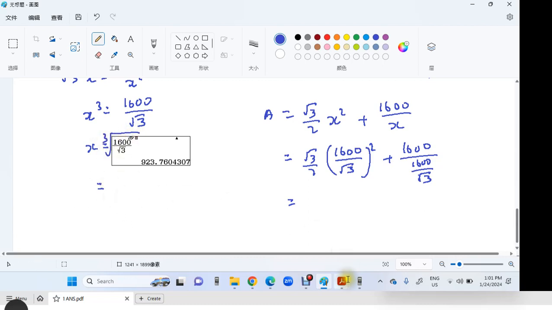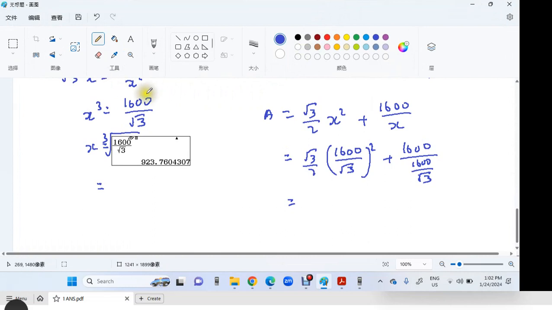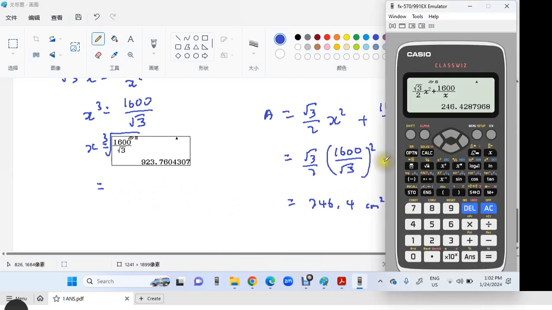So we calculate the cube root of 1600 over square root 3. It is 9.74 something. So the area is 246.4 cm squared.